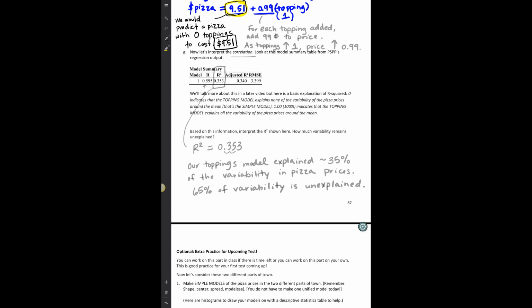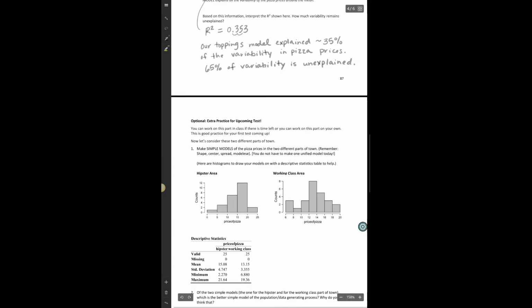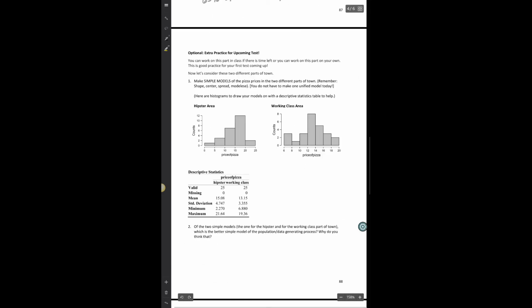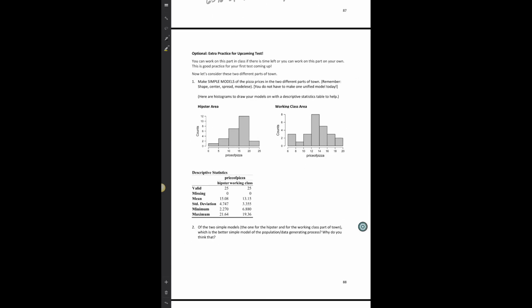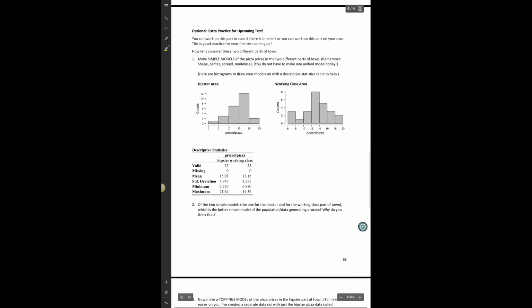Now, I've also added some completely optional extra practice for your upcoming test, which is the last 2 pages of this classwork, or 3 pages. I would recommend that if you want to get some extra practice, you work through these pages. All the information that you need should be provided for you without having to get into JASP.